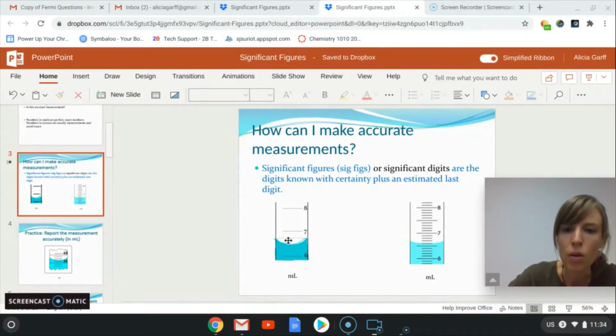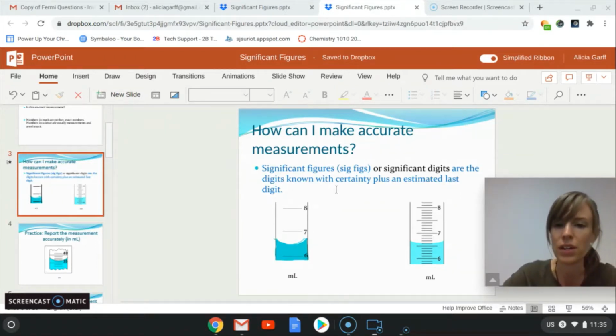Whenever you're reporting measurements with significant figures, you include all of the digits that you're certain of. So I am certain that the measurement of this liquid right here is 6 point something. Like I'm certain that it's between 6 and 7. I can see that. So I would put 6, and then after the decimal point, I'm estimating. I can't tell for sure whether this is 6.4 or 6.5 or 6.6.